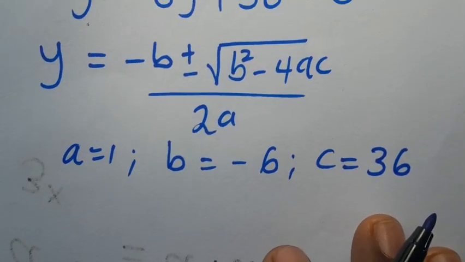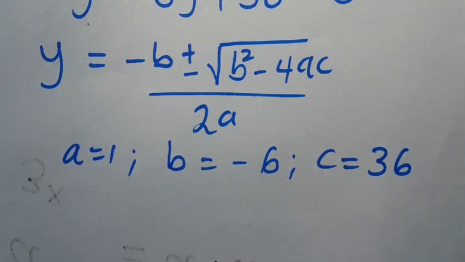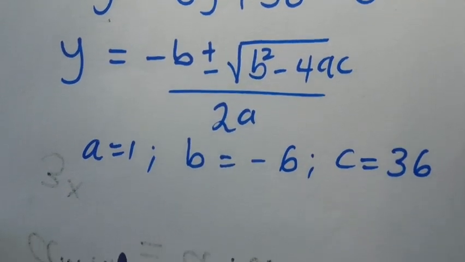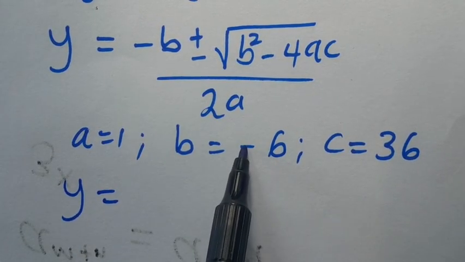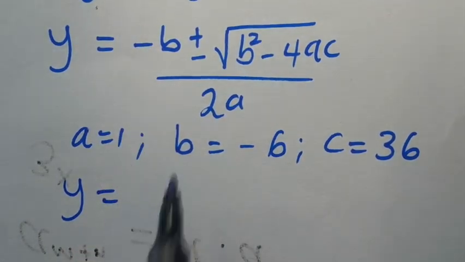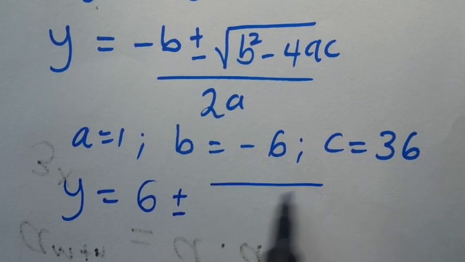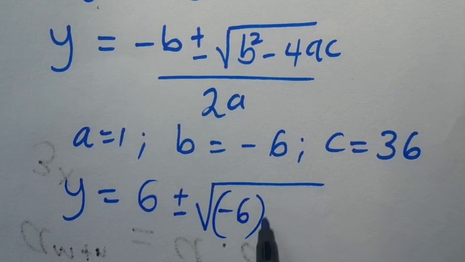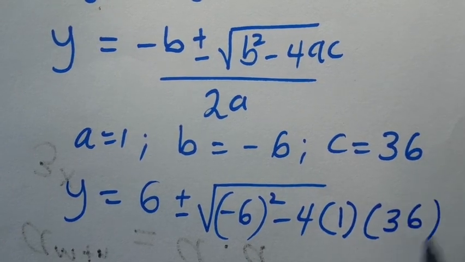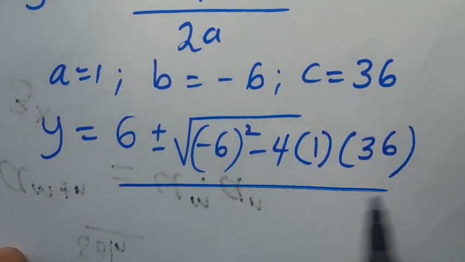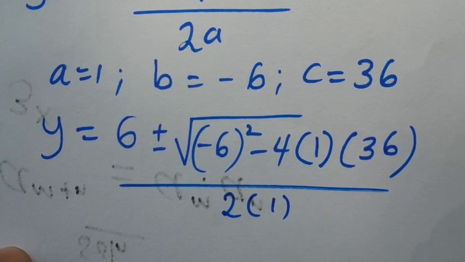Now by substituting everything, we are going to have y. Our minus b is already minus 6, so we have 6, positive or negative, root of minus 6 squared minus 4 multiplied by a, which is 1, and c, which is 36, then divided by 2 multiplied by a, which is 1.